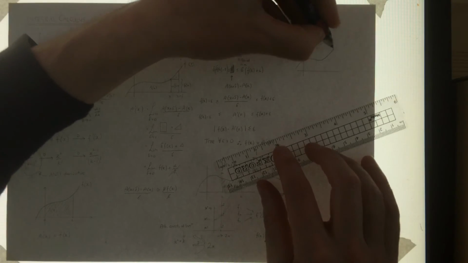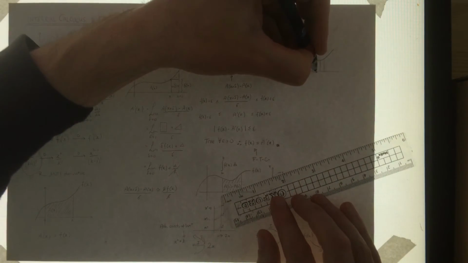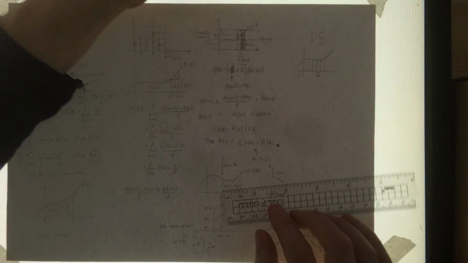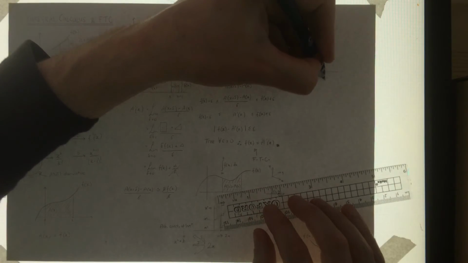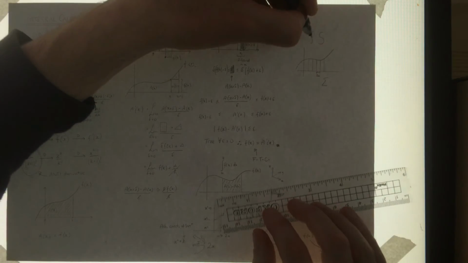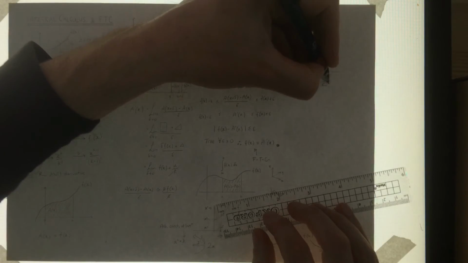So here's our function, and each of these has a width of delta x, and we are summing f of xi.